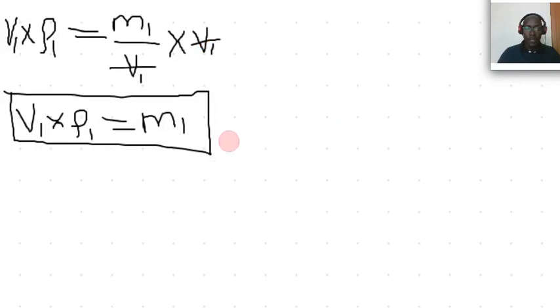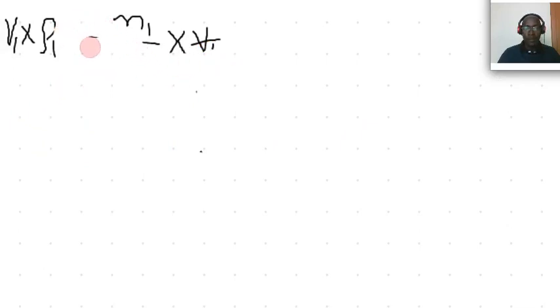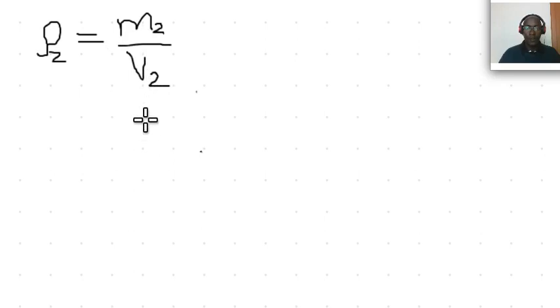Okay, so we have density of substance 2 is equal to the mass of substance 2 divided by the volume of substance 2. And we need to make V2 the subject of the formula.